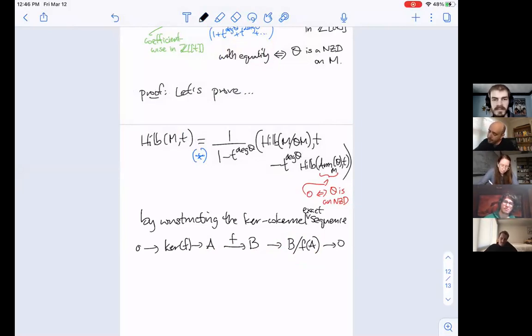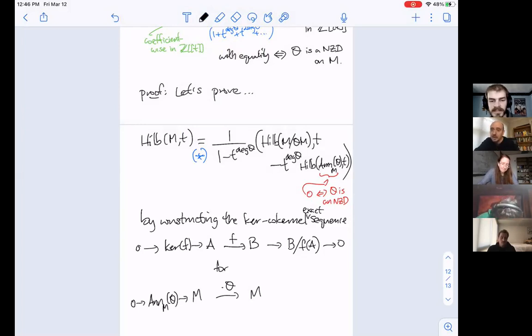And I'm going to consider it for the particular situation where I map from M to M and I multiply by theta. I'm just going to look at what theta does when it multiplies on M. We're worried about whether theta is a non-zero divisor. Does it have any annihilator? Now notice, that means that immediately the annihilator on M of theta is the right thing to put there for the kernel.